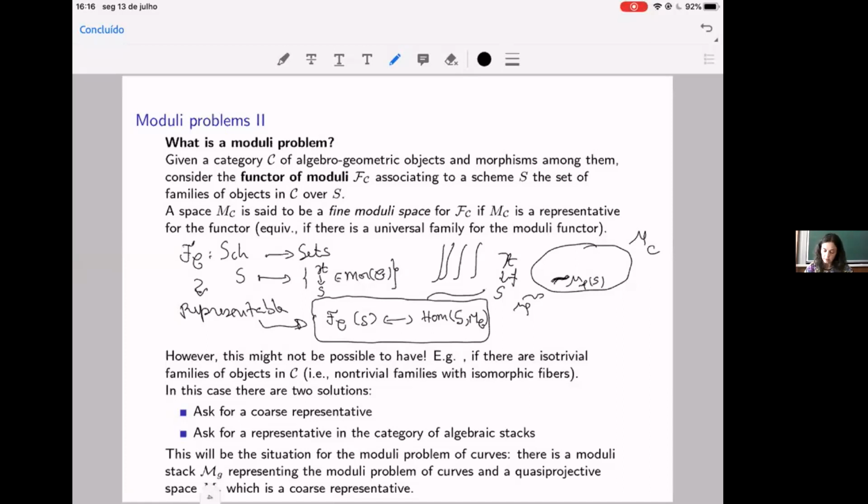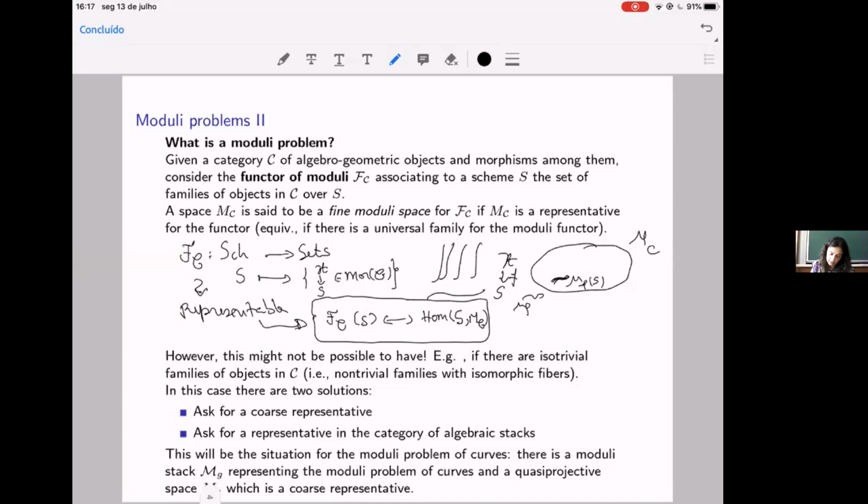So now the point is that we might not have this ideal situation hold if we want the representability of the functor by a space in the same category that we are trying to work with. And there are two situations that could be a partial solution, at least for this problem. One thing that we could do is ask for a coarse representative for the functor. What is this?